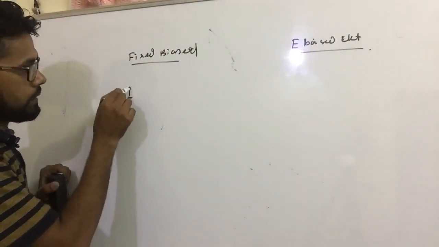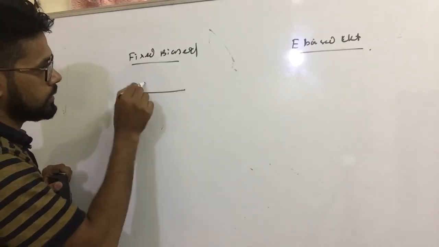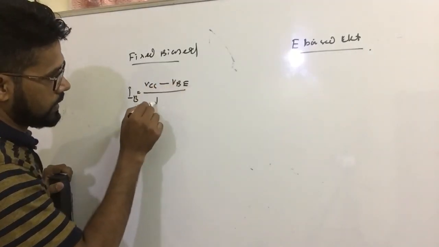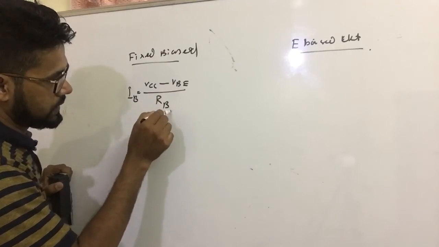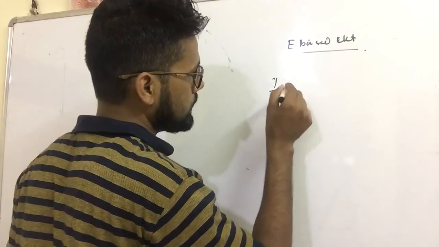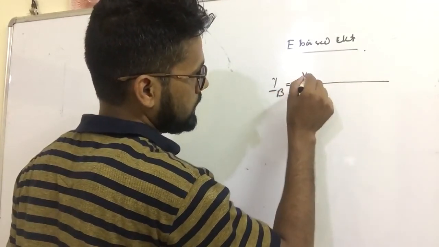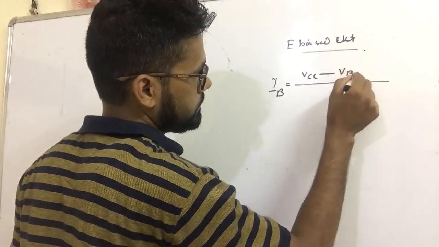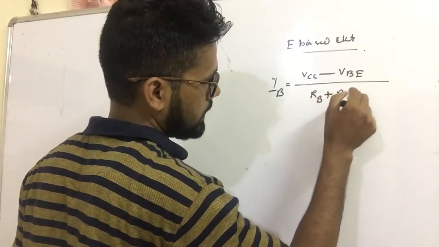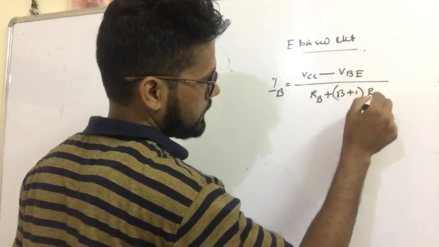Fixed bias circuit: IB, the base current, equals VCC minus VB over RB. Is it okay? In fixed bias. Here IB equals VCC minus VB over RB plus (beta plus 1) RE.